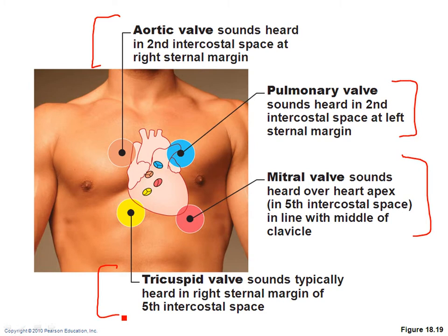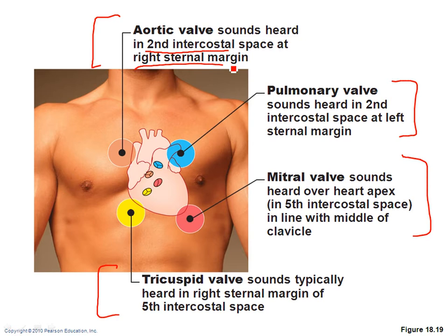What they're showing you here, for example, is that if you place a stethoscope in the second intercostal space, the space between rib number 2 and rib number 3, over on the right side, the right sternal margin, you're supposed to be able to specifically hear the closing of the aortic valve.